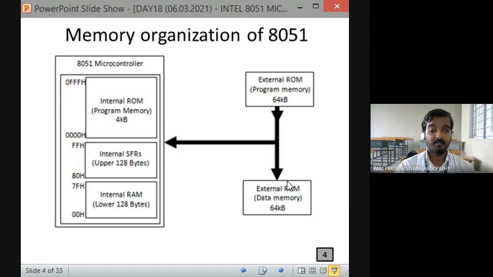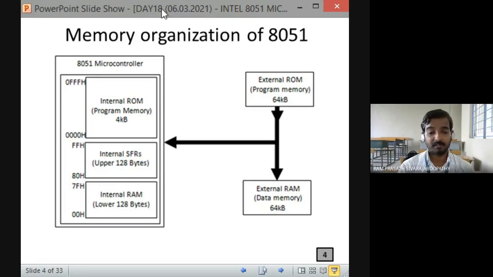When I am addressing the internal ROM, the size of the address must be 16, whereas for internal RAM, it is 8-bit only. So what about the other address from 80 to FF? Even though we say 8-bit address, 128 bytes only we are having as internal RAM memory. What about the remaining address? It is mapped to the internal special function registers. We have 21 special function registers in Intel 8051. Those are mapped within this address space.